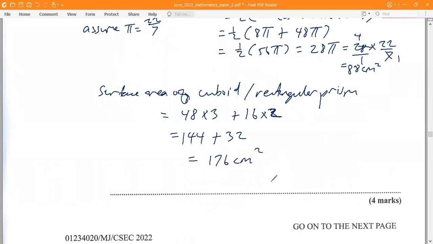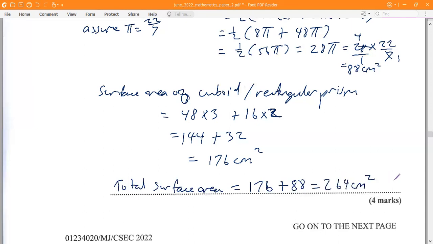So all we have to do now is add 176 to 88, which is equal to 264 cm squared.